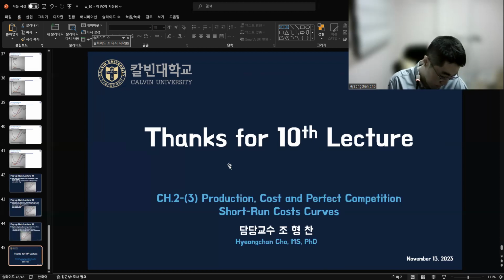Even though what we learned today is really basic, as you see, it's quite complicated and has quite many things to learn. So you must get familiar with this concept because it is a really basic thing in economics.